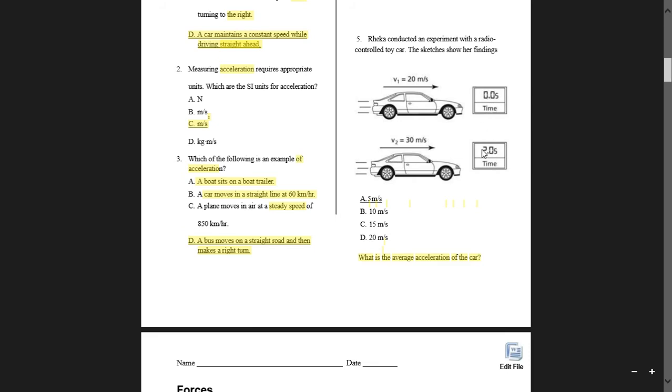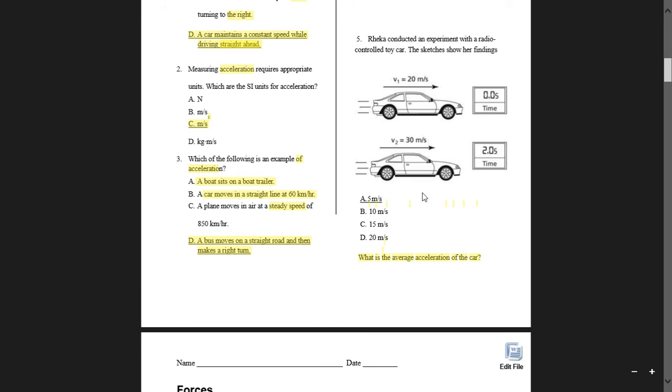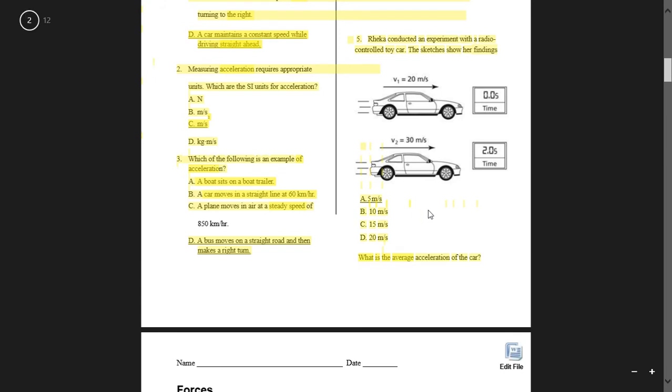V2 is 30, V1 is 20, 30 minus 20 equals 10, and the time is 2, 10 divided by 2 equals 5. So the right answer will be 5 meters per second squared.